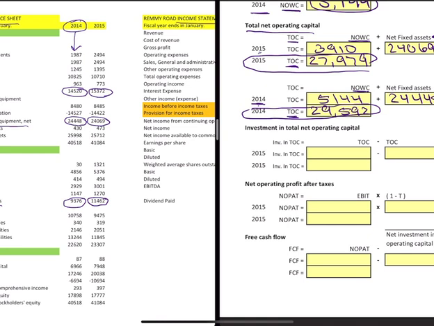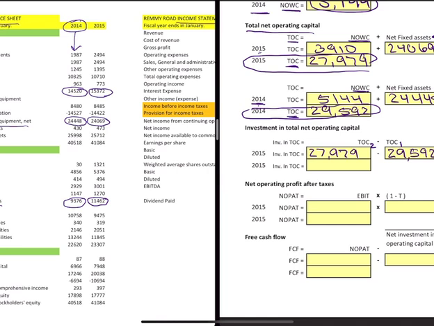So we're going to take 2015's, this is the current year, minus the previous year. Okay, so the current year is 2015, so we have 27,979, and then 2014 is 29,592.